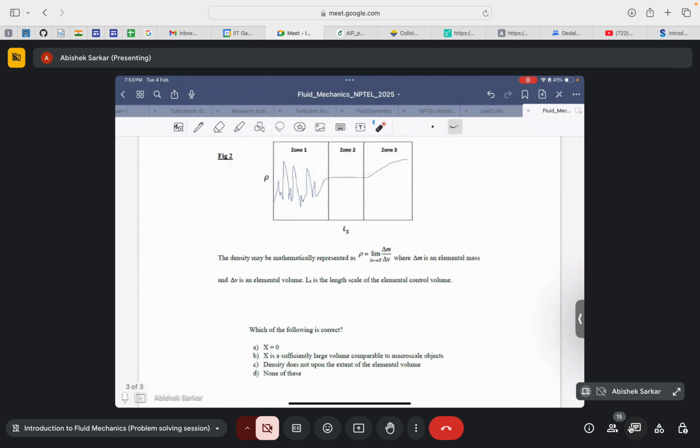Can you please guess a bit faster, because we have 2 more questions to discuss and we are running out of time. So just give a wild guess. It's completely fine. We can only learn by option C: density does not depend on the extent of elemental volume. Okay, others, can you please give your comments?